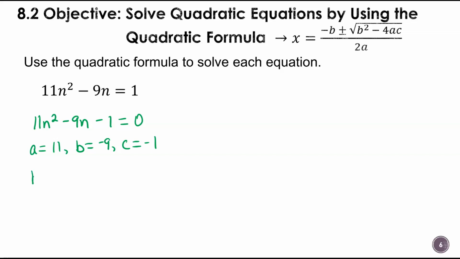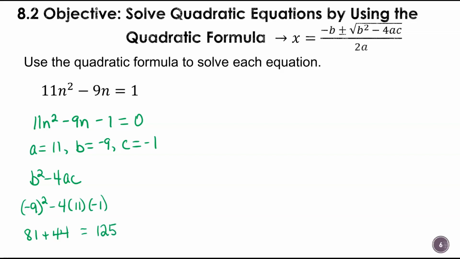So now I find b squared minus 4ac. So b is negative 9. Negative 9 squared will be a positive. Remember, when I square one of these, every single time that's positive. Minus 4 times 11 times negative 1. All right, so 81, that's going to be plus 44 for a total of 125.